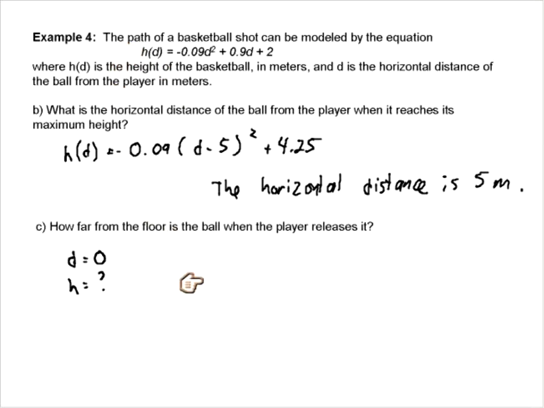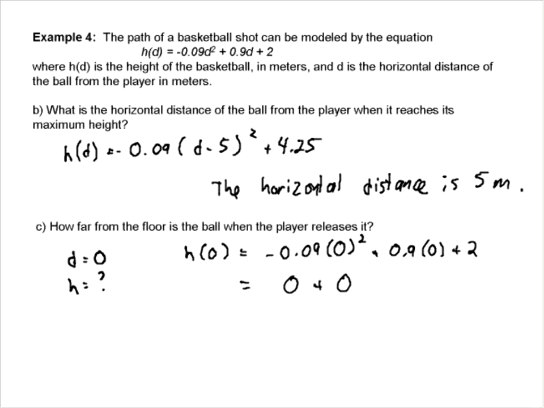I can just go, h of 0 is going to be negative 0.09 times 0 squared plus 0.9 times 0 plus 2. Oh, 0 is our best friend, because it becomes 0 plus 2, and it equals 2.